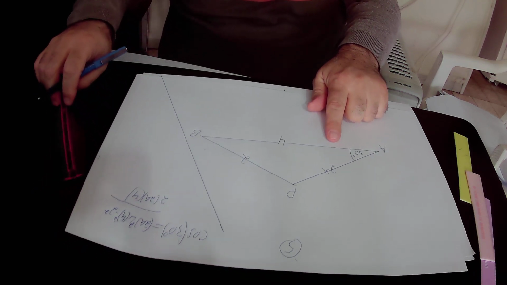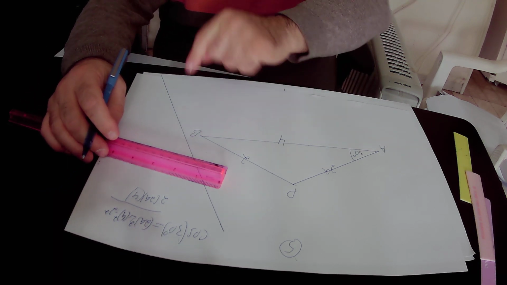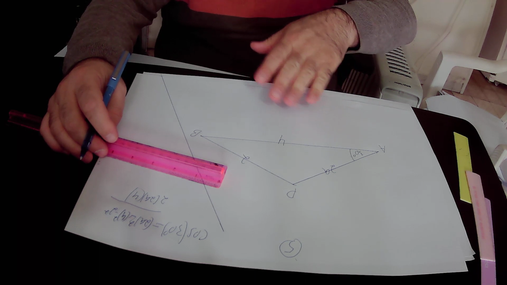Okay, so this equation is the implementation of the law of cosines in our triangle ADB.